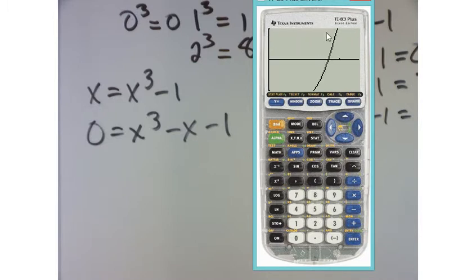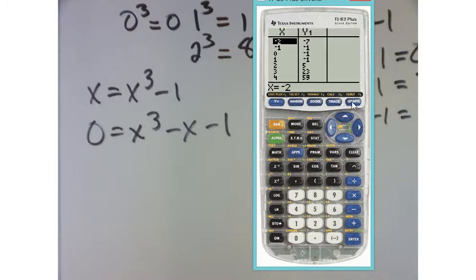And so it does cross the x-axis, which means y equals 0. Now they're not asking us what the value is, they just want to know if it exists. So one thing that I could do is look and go, all right, wait, did I enter that in correctly? Oh, no, okay, I get it now.